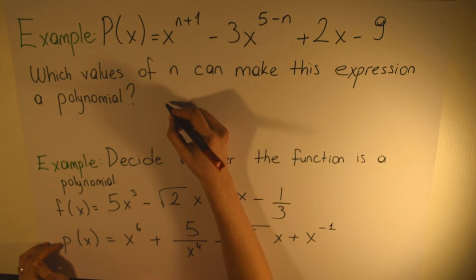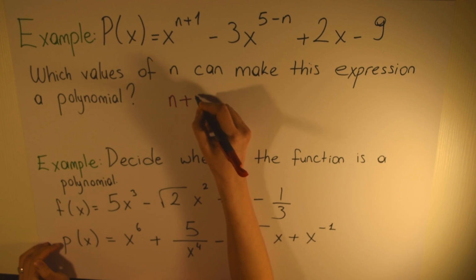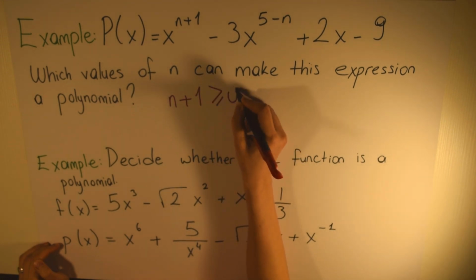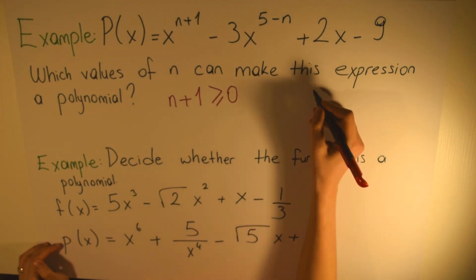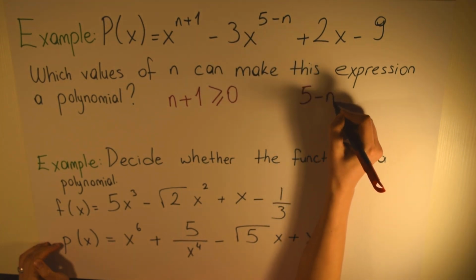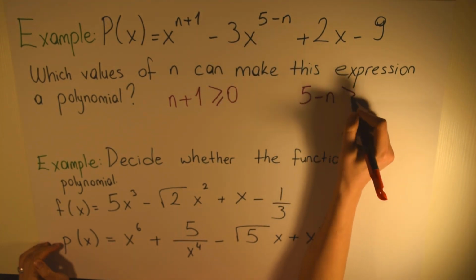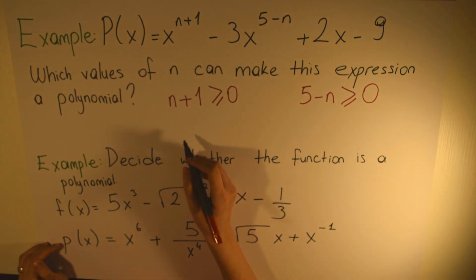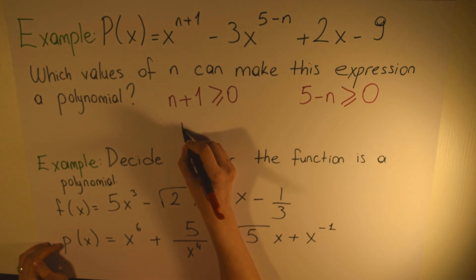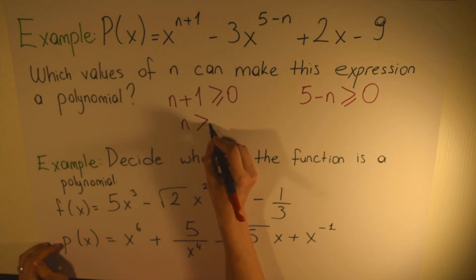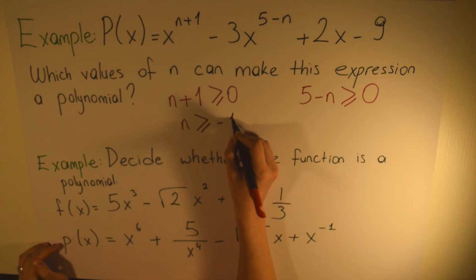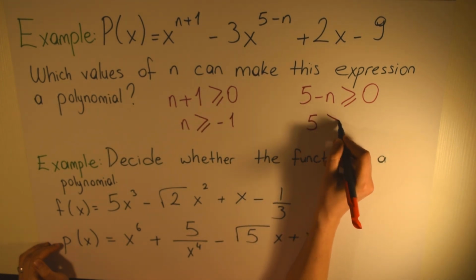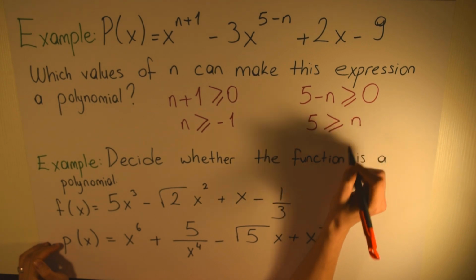Which means n plus 1 has to be equal to or greater than 0. It's also the same for 5 minus n, which has to be equal to or greater than 0. So from here we get n is equal to or greater than -1, and from here we get 5 is greater than or equal to n.